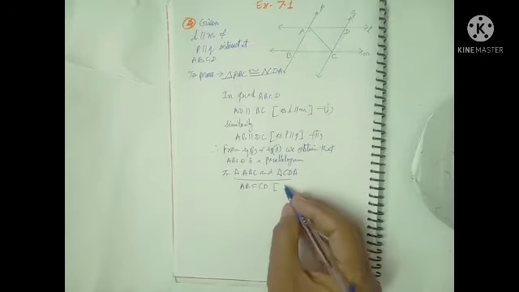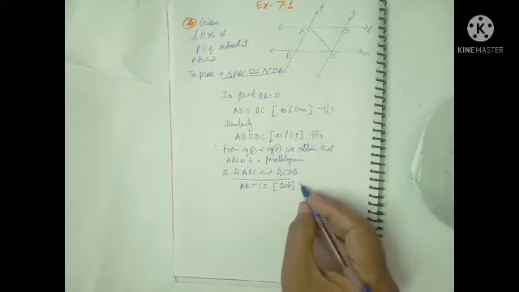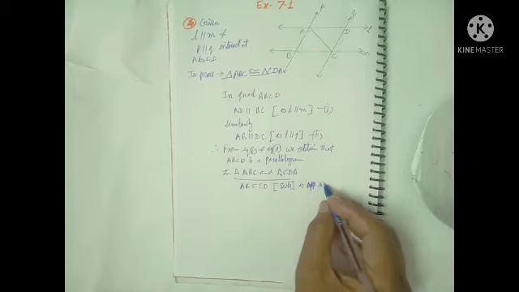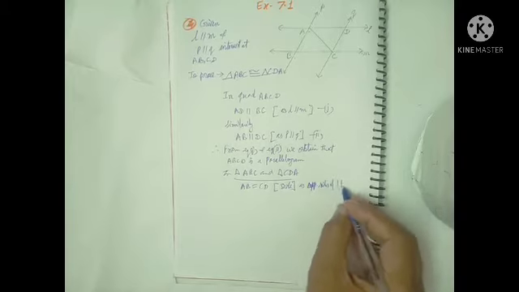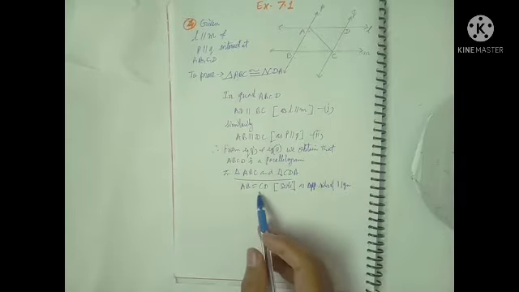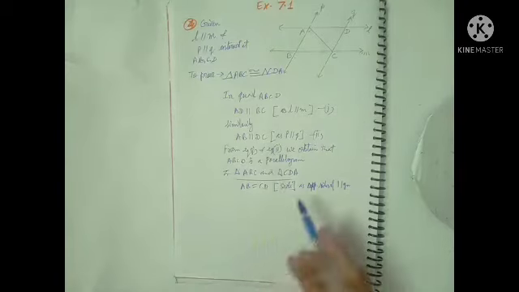As this is a side, and why are they equal? As opposite sides of parallelogram. You know, opposite sides of a parallelogram are equal. So that's why AB equals CD, because opposite sides of a parallelogram. And we have proved already here ABCD is a parallelogram.